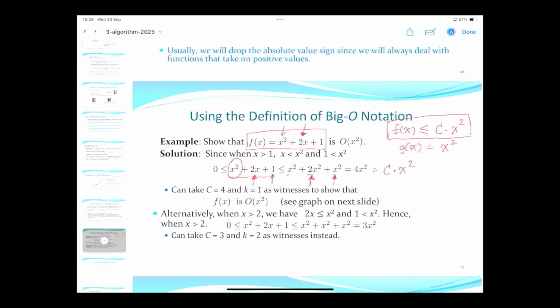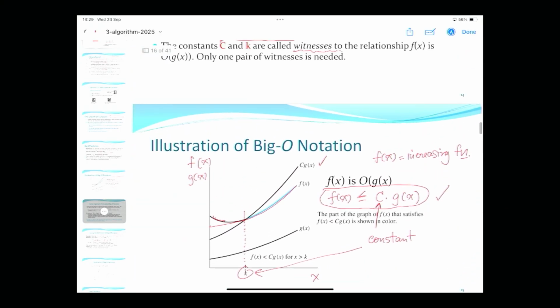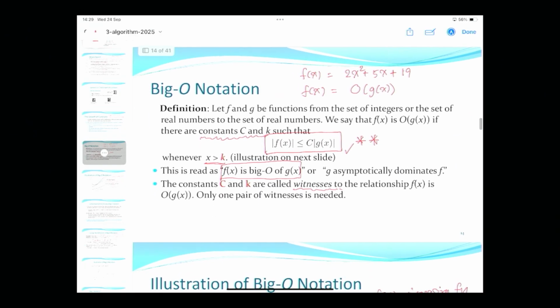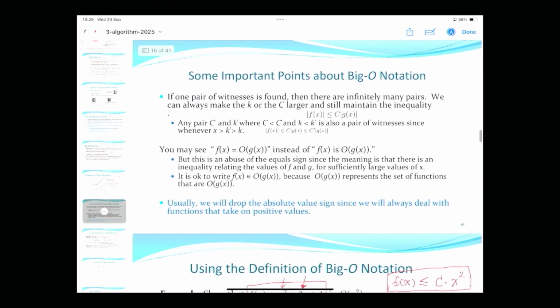What is c in this case? C is equal to 4. And this is true when x starts at the minimum value that makes it true: x greater than 1. When x is greater than 1, then this is true. So here, x is greater than k, x is greater than 1.